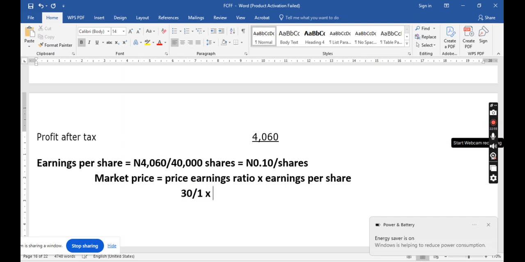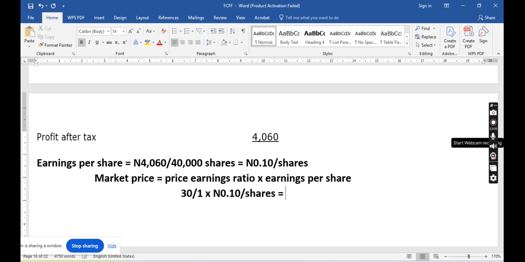What is earnings per share? 0.10 per share. So what do we have? What is the market price? 3 naira per share. So let's get the value.